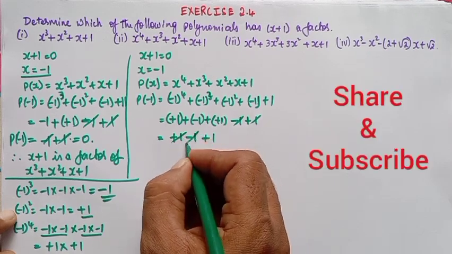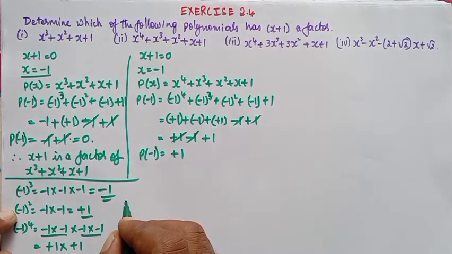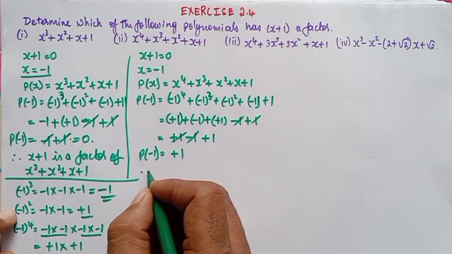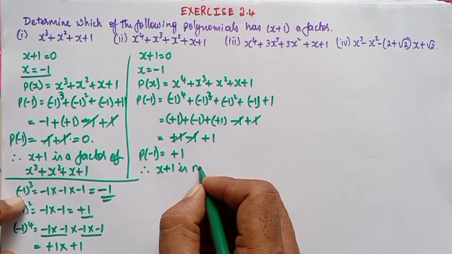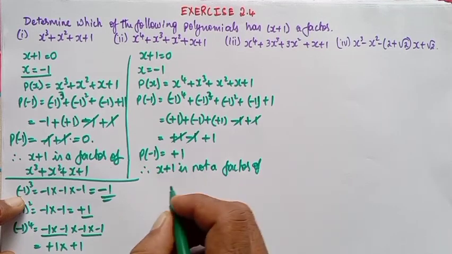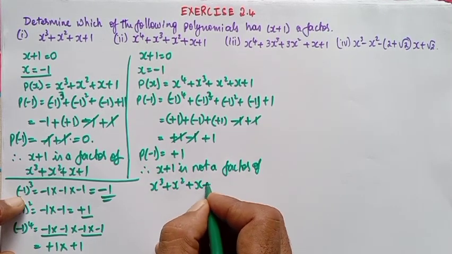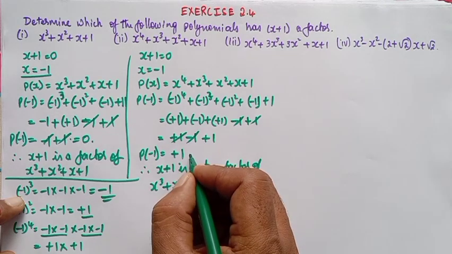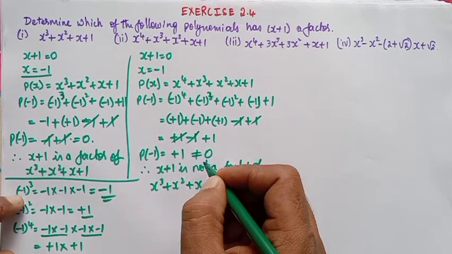So minus 1 plus 1 cancels. P of minus 1 is plus 1. So therefore x plus 1 is not a factor of x cube plus x square plus x plus 1, as P of minus 1 does not equal 0.